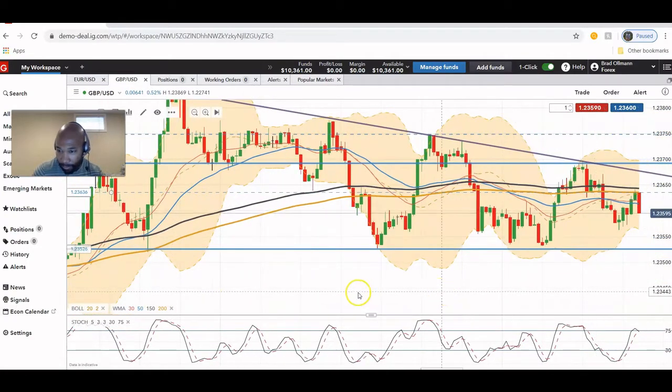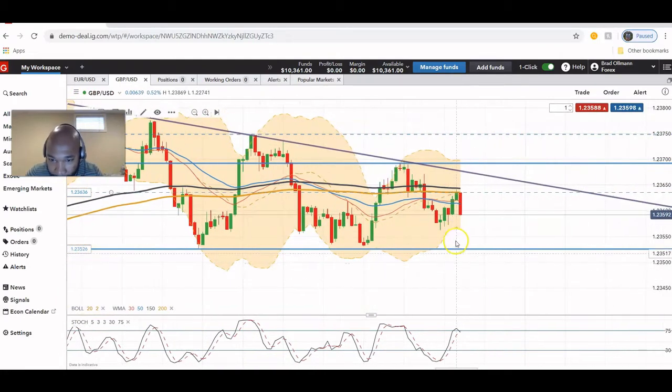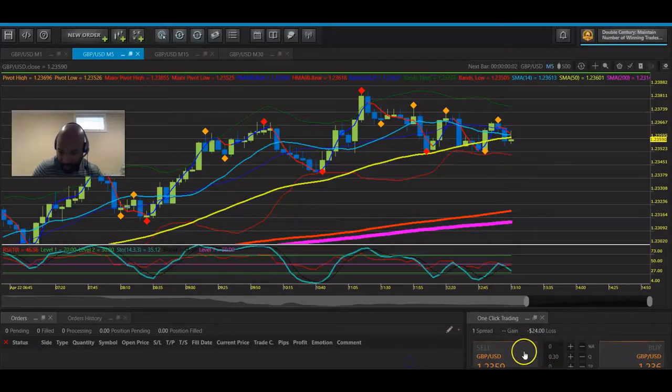Okay. Let's see if it's going to cross this line here. If it does this, that will become an engulfing. That being said, let me prepare.